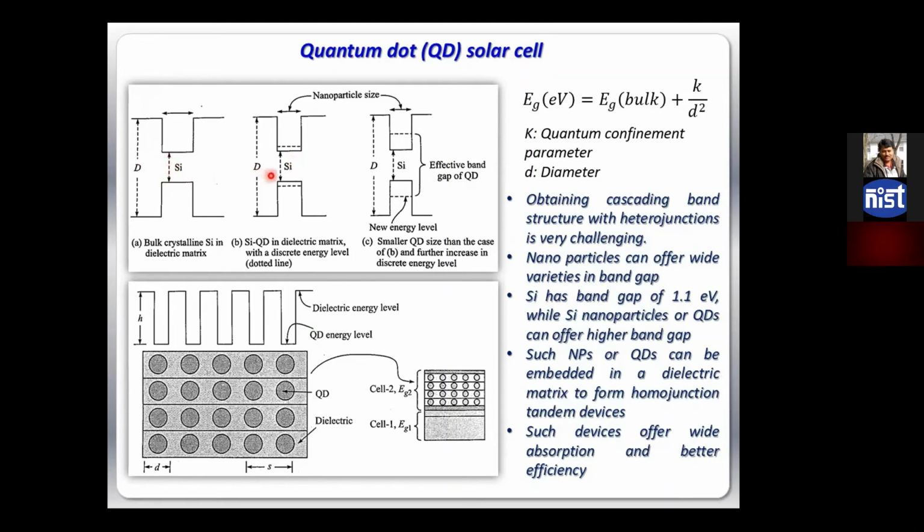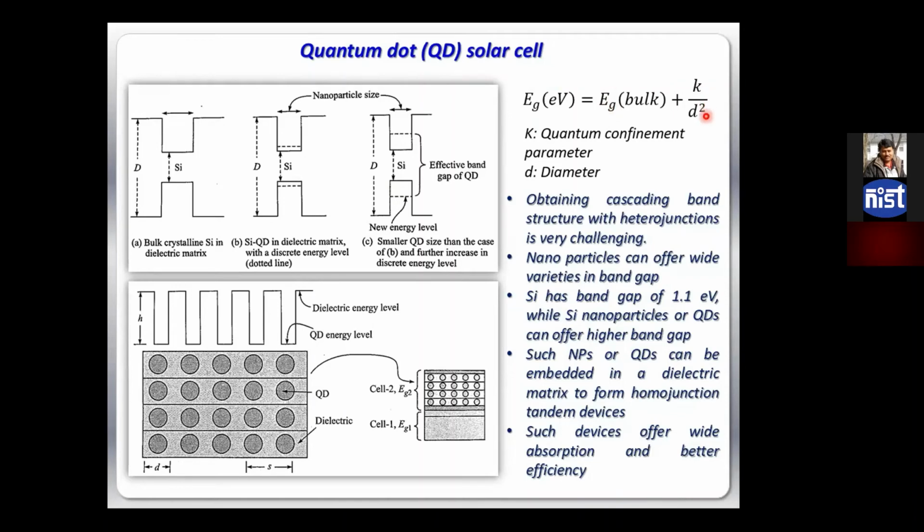Now if we talk about silicon quantum dots, the band gap will increase. If we talk about even smaller quantum dots or nanostructures, the band gap will further increase, because this split will come here for the lower dimension, and for more and more lower dimension, it will go higher and higher, and this band gap will keep on changing. So eventually we can very approximately write the ultimate band gap as the band gap of the bulk plus k by d square.